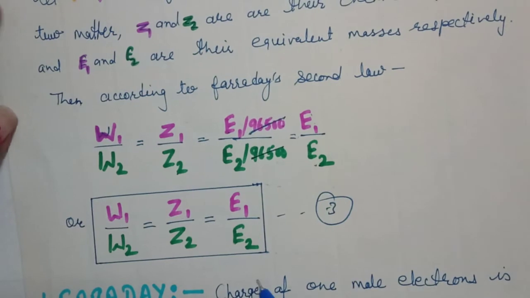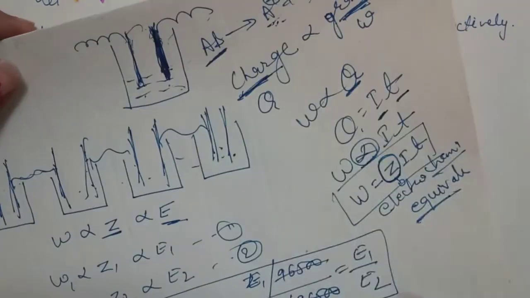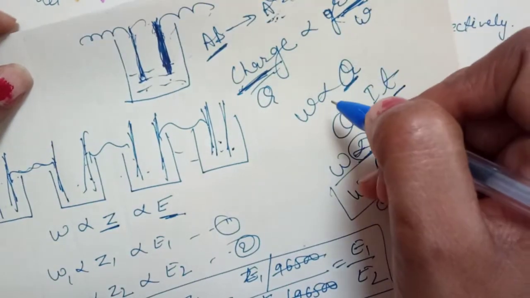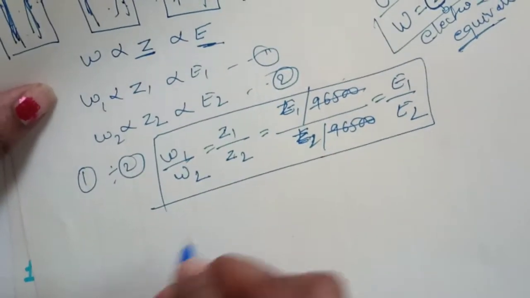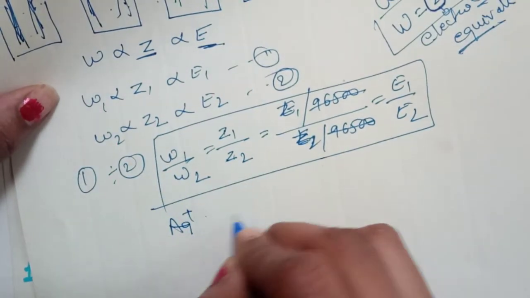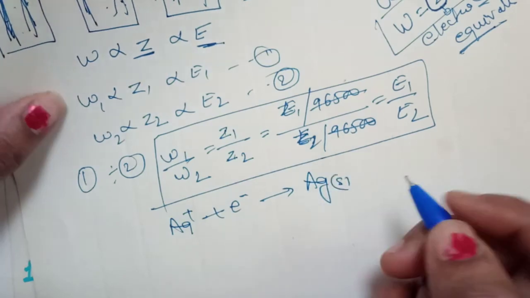According to this law, we have discussed that the charge is directly proportional to mass. Suppose Ag plus is reduced by 1 electron to make Ag.